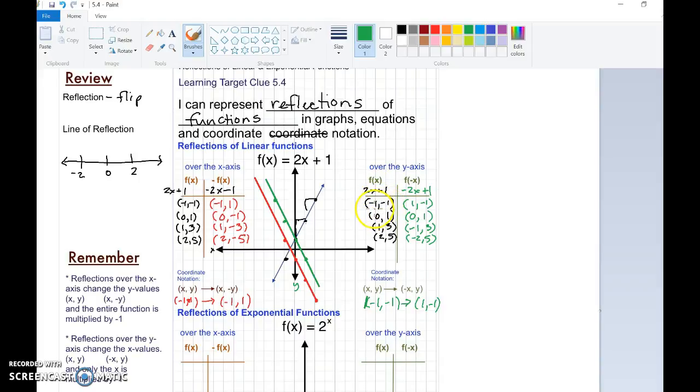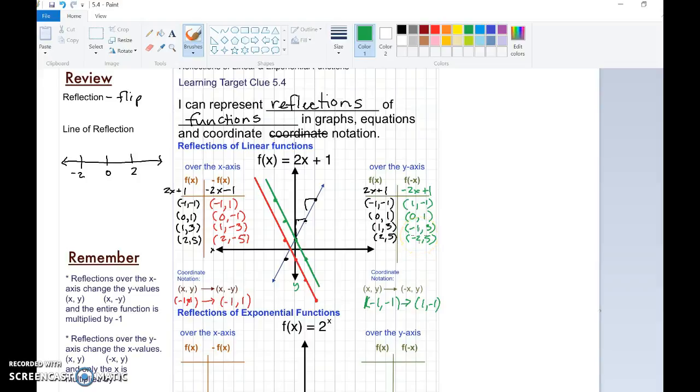If we had a negative 1 for x on the first line, then when we reflected it, it became a positive 1. When there was a 0, the reflection just stayed the same because there is no opposite of 0. It's sort of like the pivot point. And when x was a 1, it became a negative 1 on the reflected line.